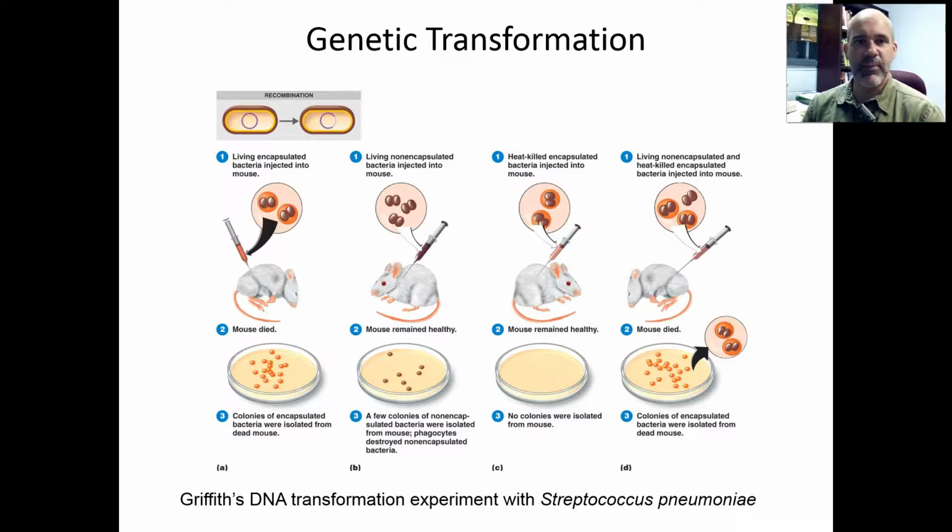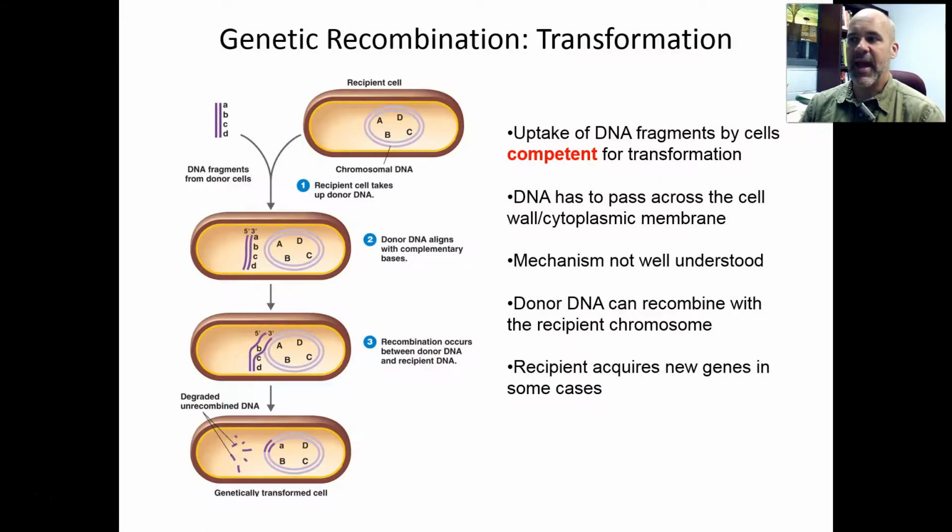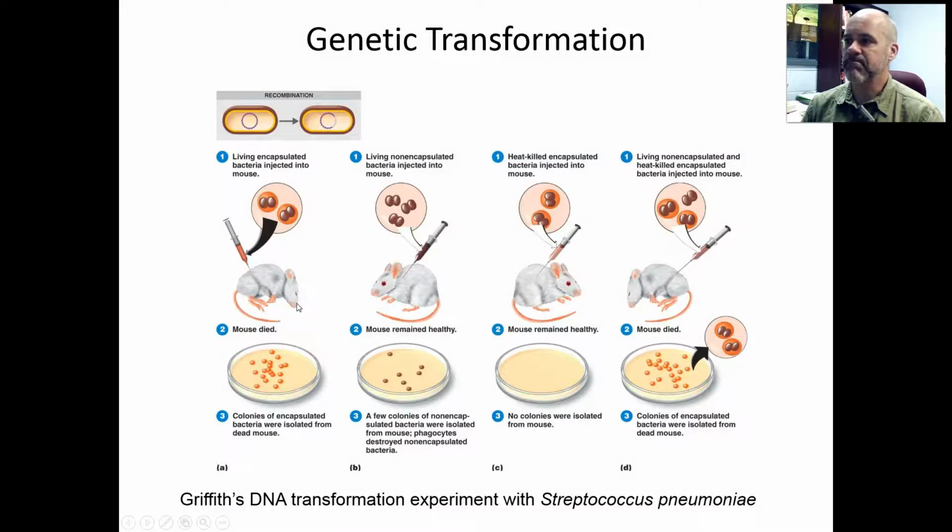So this was a first example of genetic transformation, and we now know that the way this worked was that there were DNA fragments left over from the dead encapsulated bacteria that were taken up by some of the non-encapsulated, and they now expressed that trait of being able to build capsules, which helped protect those bacteria from the immune system of the mouse.